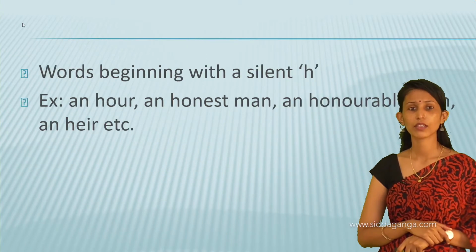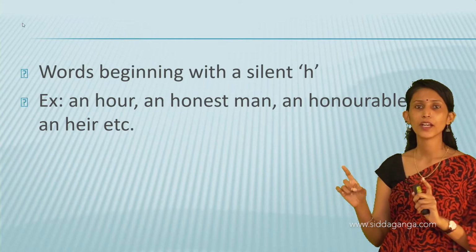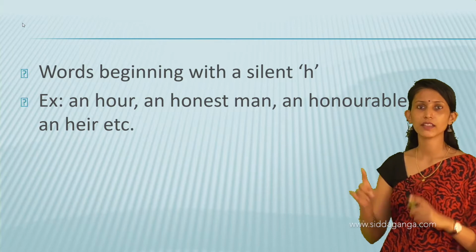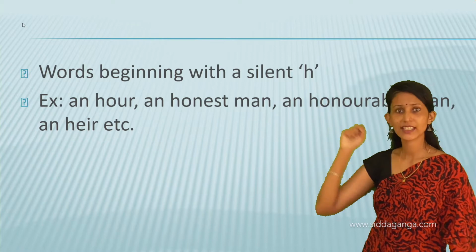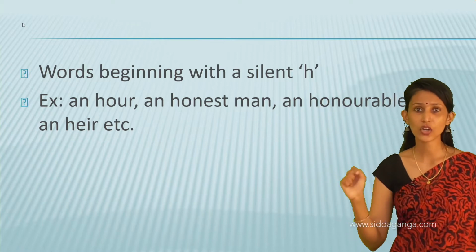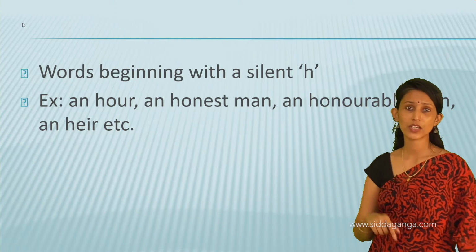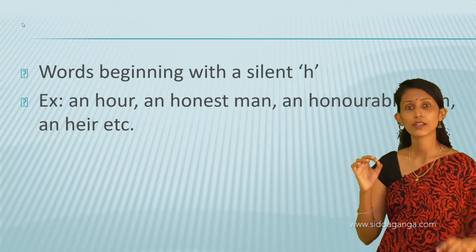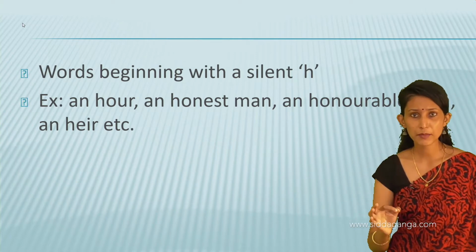Now there is an exception here. Another point you must keep in mind where you use an. This is when the word beginning with H has a silent H. H is a consonant, not a vowel, isn't it? You're not saying hour, no. You're not saying honest with an h, no. You're saying honest. You're saying our. Honorable man.